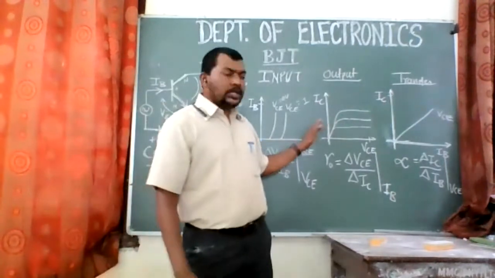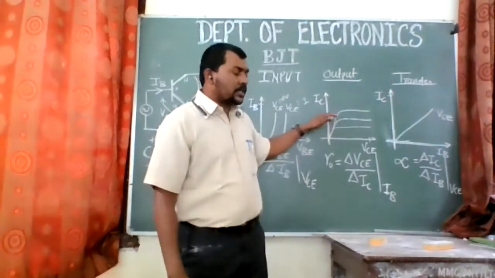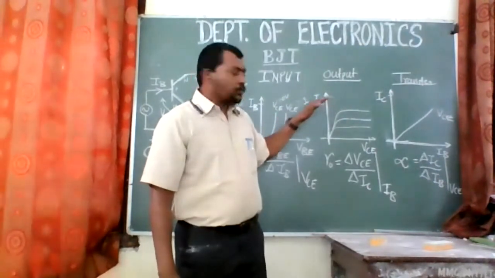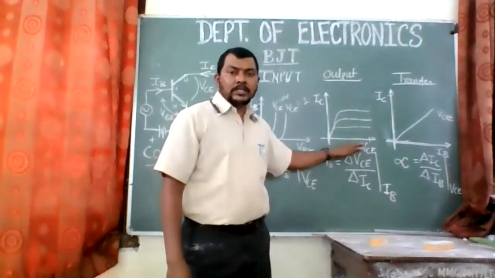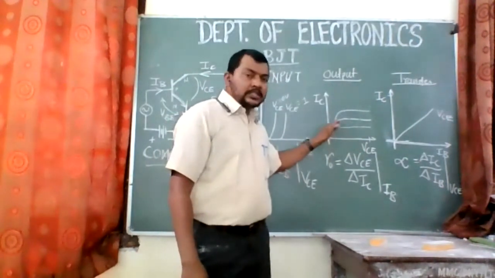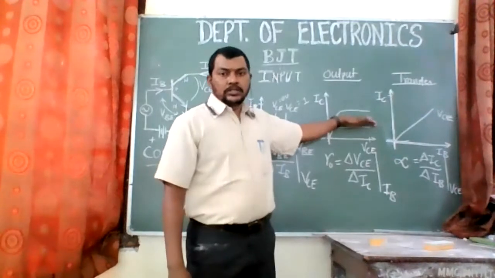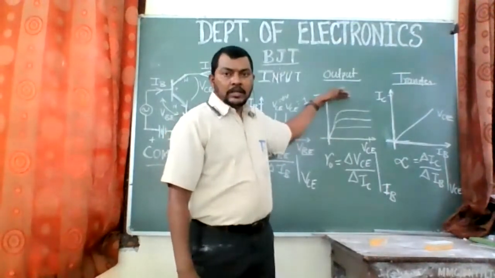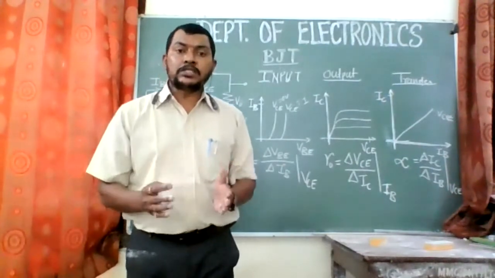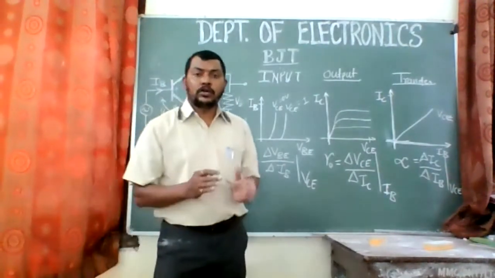We are able to see that as you go on increasing the base current, the collector current also increases. And as you go on increasing the collector emitter voltage, initially the collector current increases and then it becomes constant. These three lines show three different base currents.